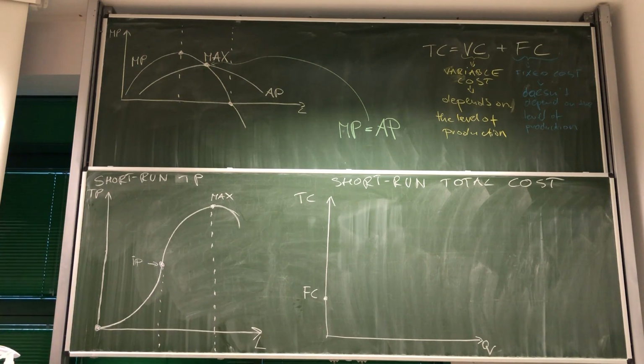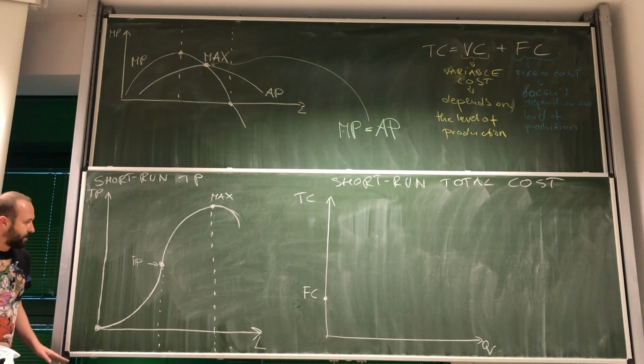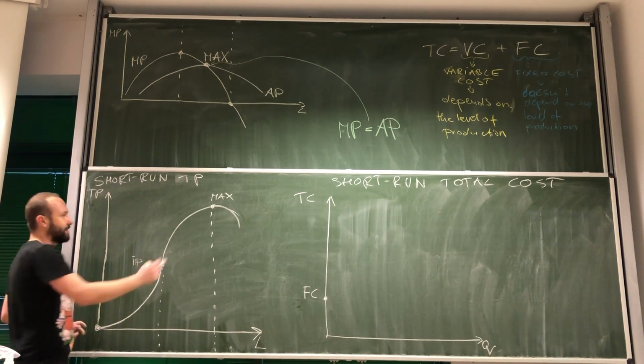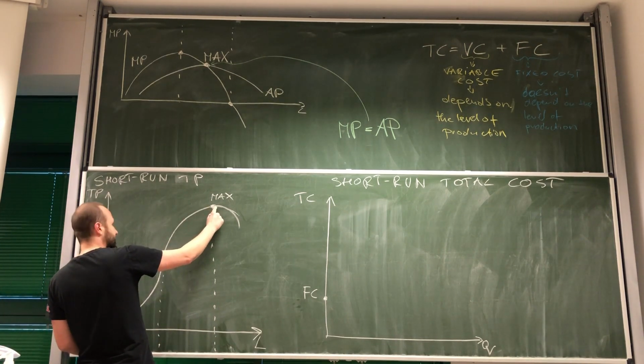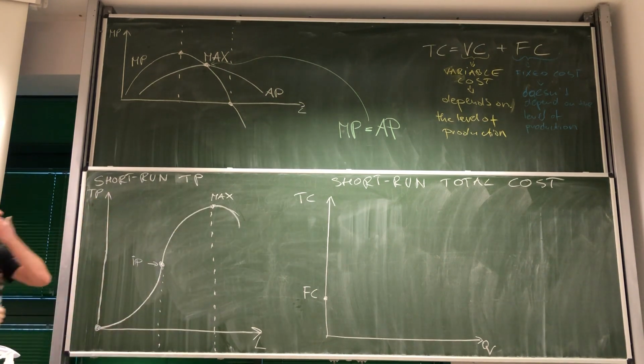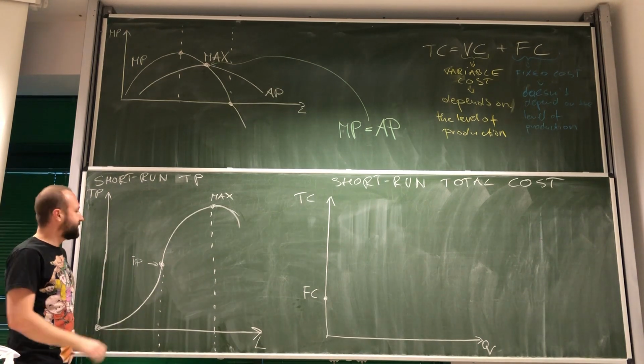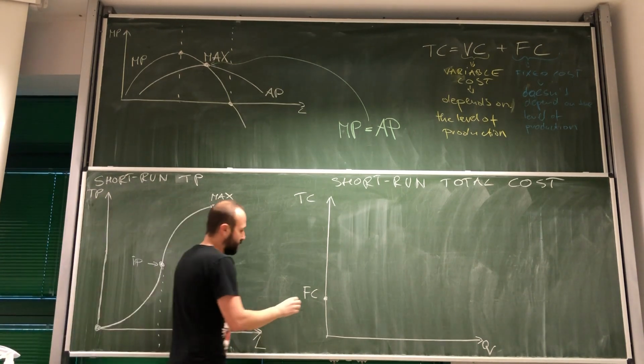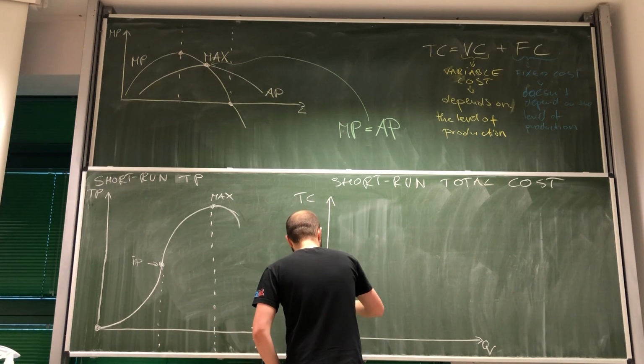And now, the rest of the function is going to look like this. It will be associated with this part of that short-run total product, but it will be actually an inverse function of this part. What does it mean? It's going to look like this.